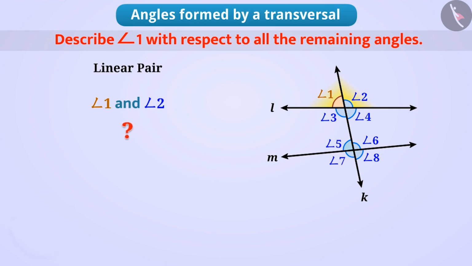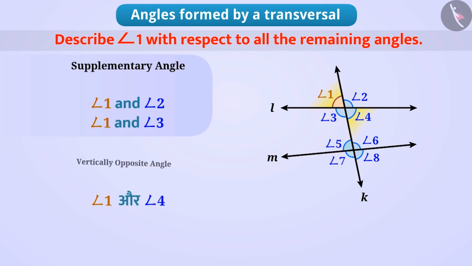Think for a while. Absolutely correct. This means that the sum of angle 1 and angle 2 is 180 degrees. Therefore, here angle 1 is the supplementary angle of angle 2. Similarly, angle 1 and angle 3 are also supplementary angles. Angle 1 is the vertically opposite angle of angle 4.